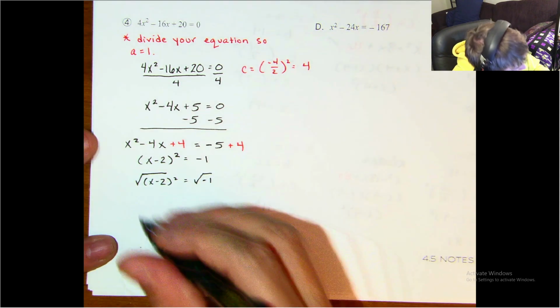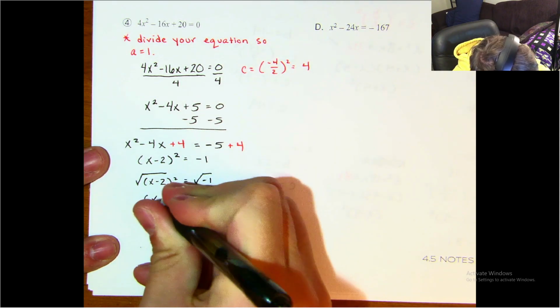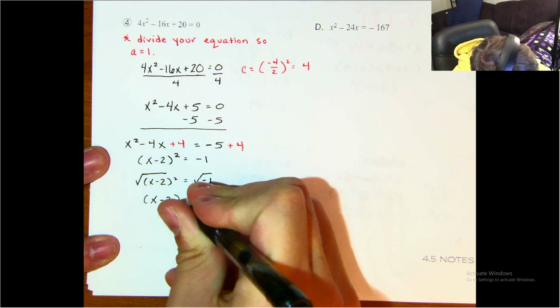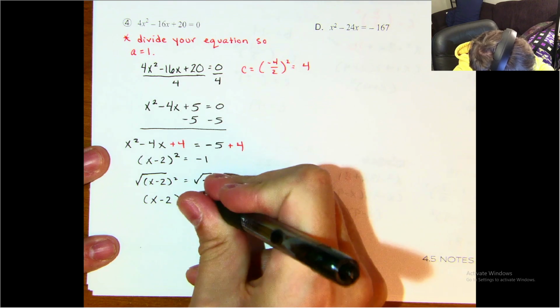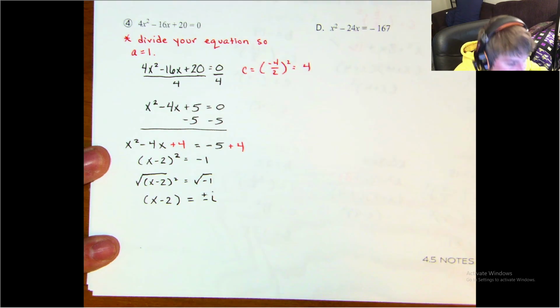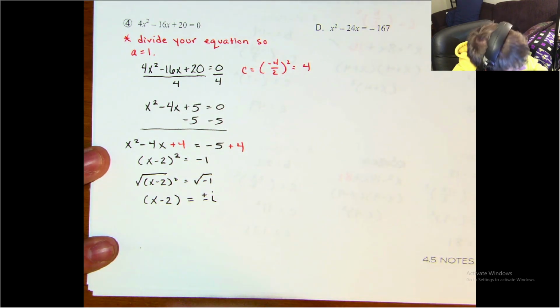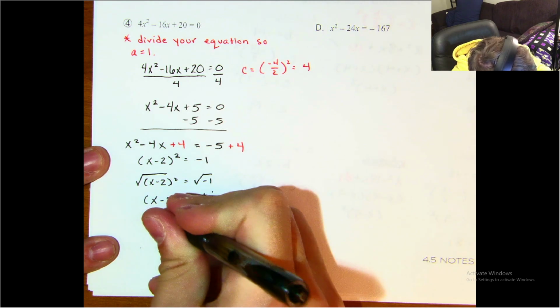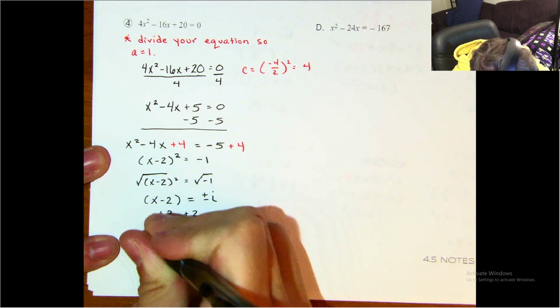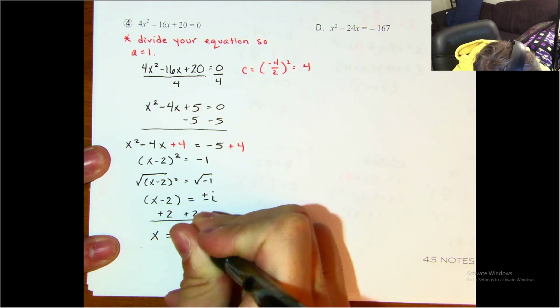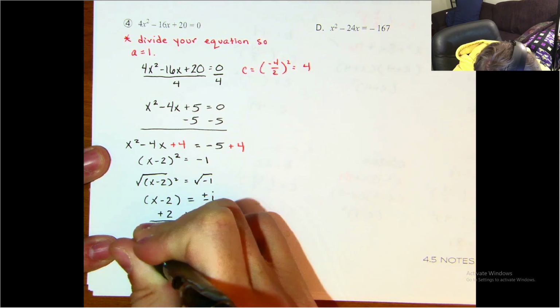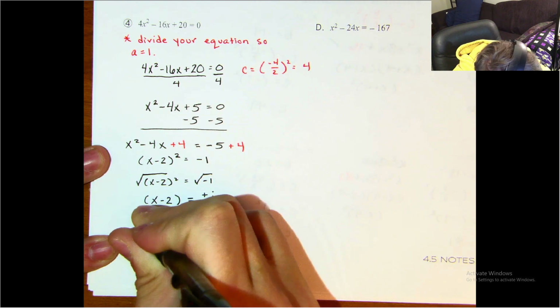So we get x minus 2 is equal to the square root of negative 1, which, if we recall from the previous section, is i. Then I can add 2 to each side, so x is equal to 2 plus or minus i. And this is my answer.